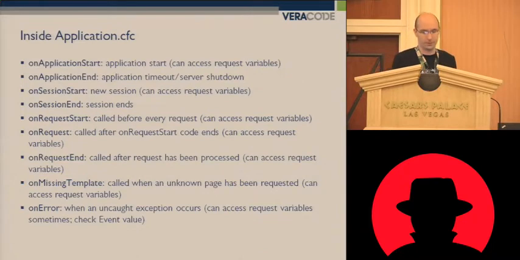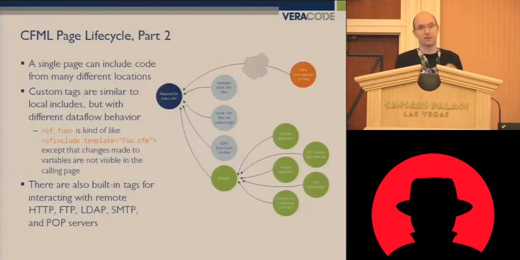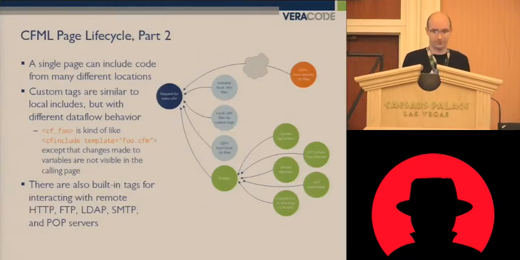And here's a list of those. One of them at the end is onError. When an internal ColdFusion exception occurs, and it's not being caught, and there's no explicit error handling in the form of a CF error tag, this function is called if it exists. And if it doesn't, then it goes to a default error page.